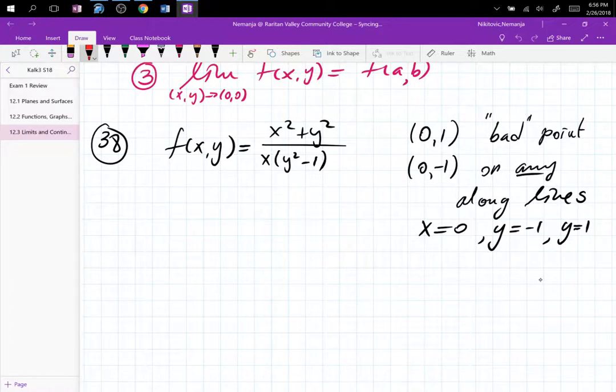What you learned in Calculus 1, though they don't put it here, is that if you add, subtract, multiply, or divide continuous functions, or square them, you are going to get a continuous function. Division is a little bit tricky. You have to make sure that the denominator is not 0, because that would create discontinuity with the division.